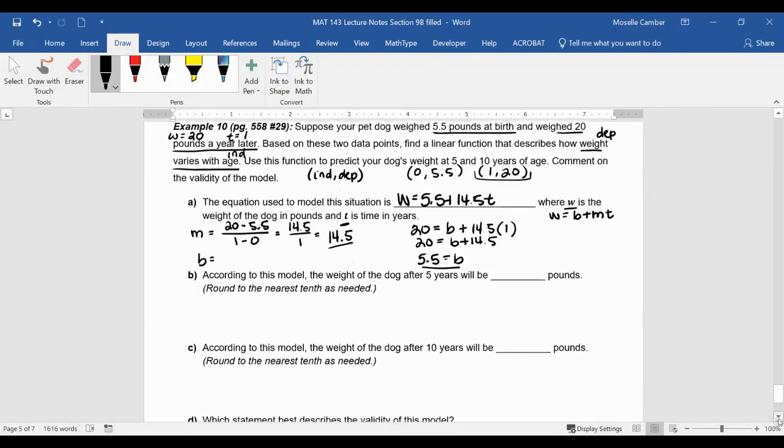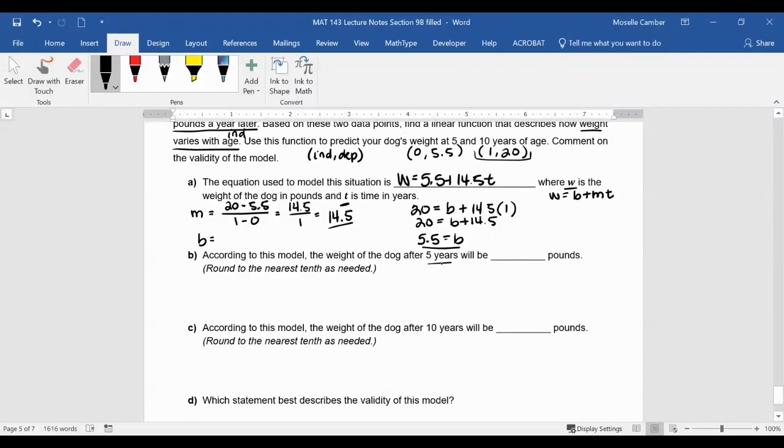So according to this model, the weight of the dog after 5 years, so my T is 5, and I want to know my W. So my weight is going to be 5.5 plus 14.5 times 5 years, which is 78. So according to this model, after 5 years, my dog would weigh 78 pounds, which is actually possible for some dogs.